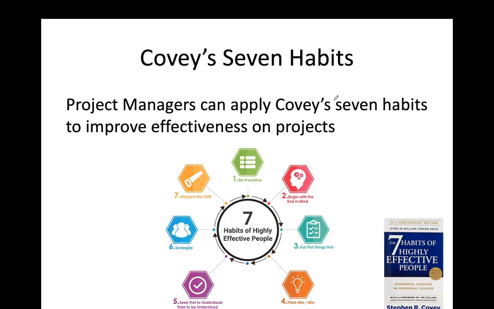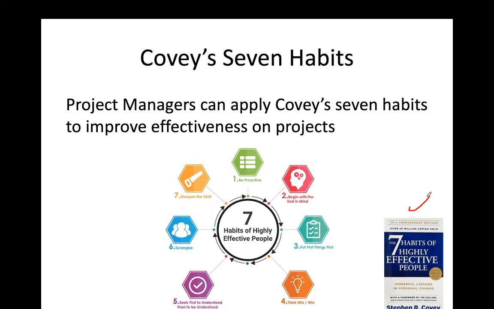Today we are going to read the 7 habits, and in the right corner you can see this book. This is one of the best selling books, and the project management effectiveness rules are derived from this book.